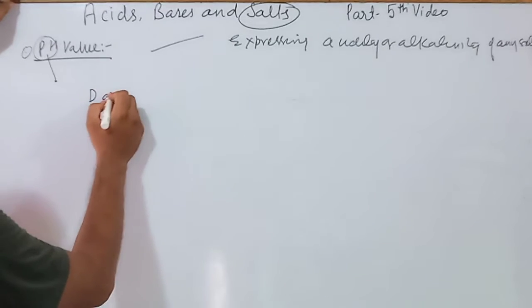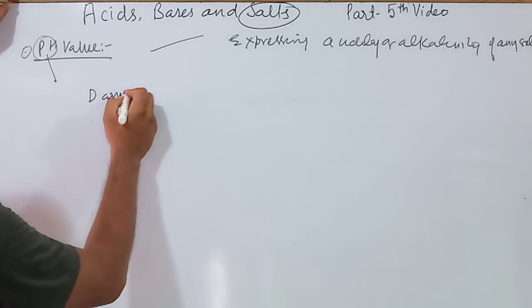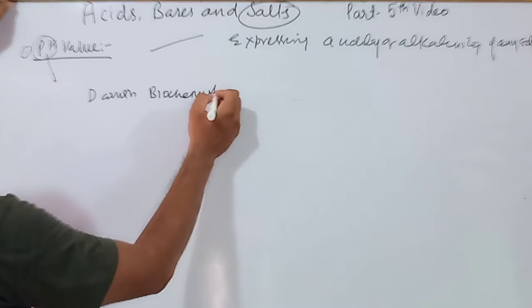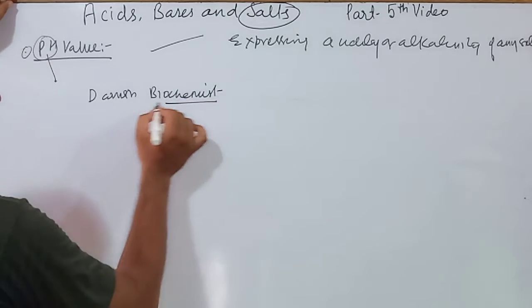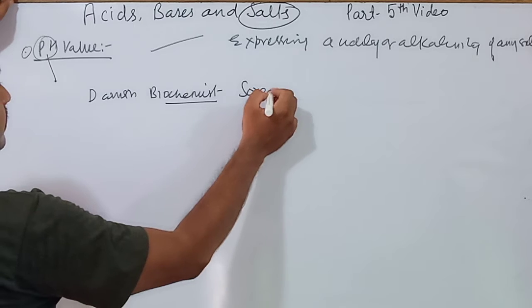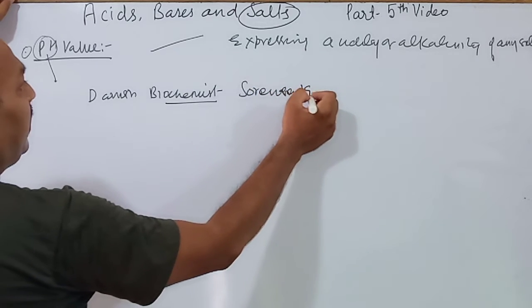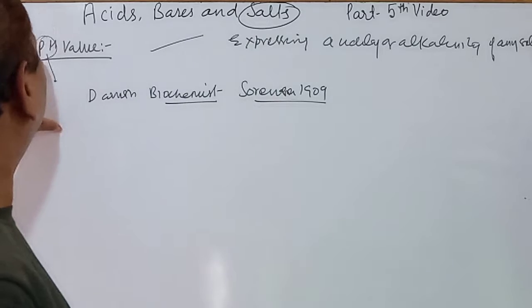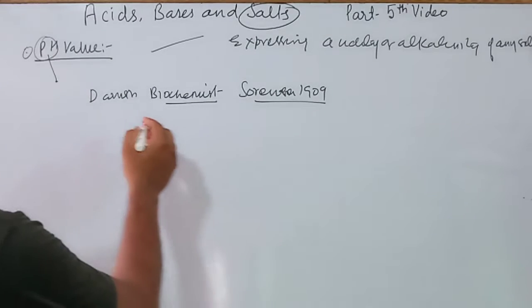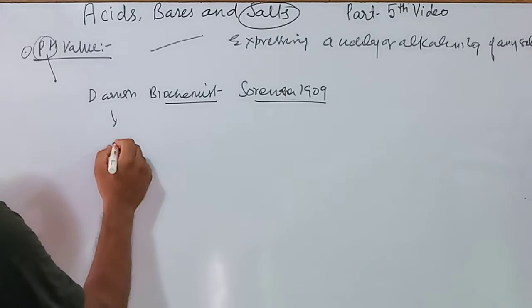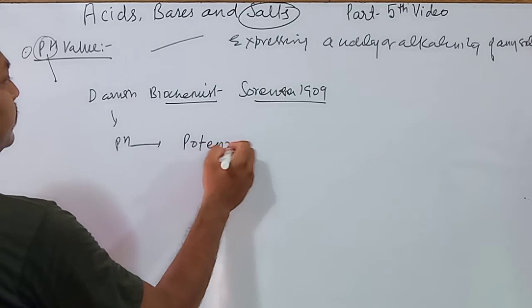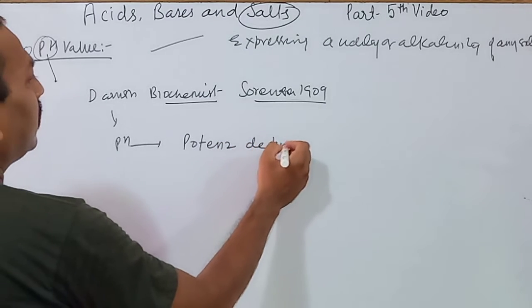A Danish biochemist, Sorensen, proposed this word pH. Now in Danish, pH stands for potens van hydrogen.